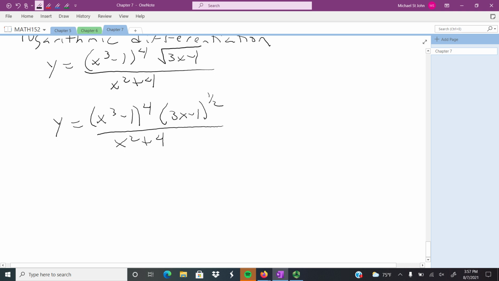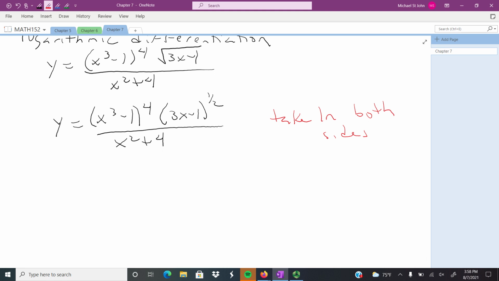And then we're going to take the natural log of both sides, and we're going to apply those rules. We had product, quotient rules, and we do this.